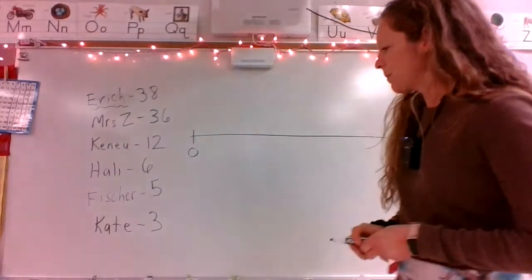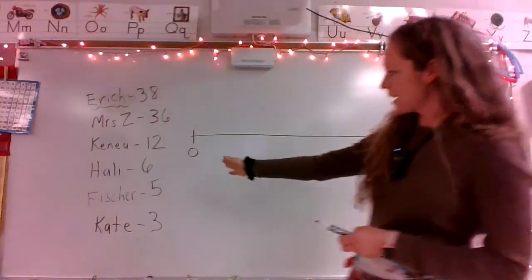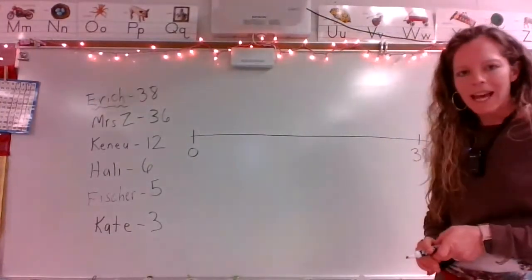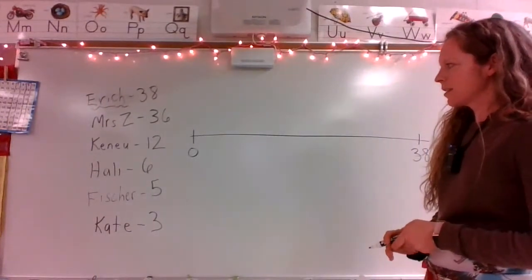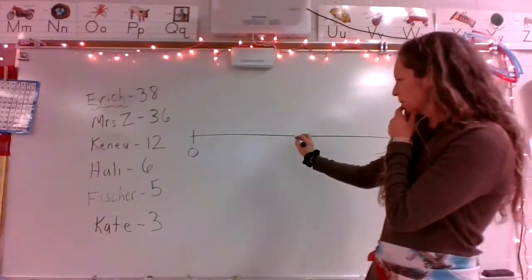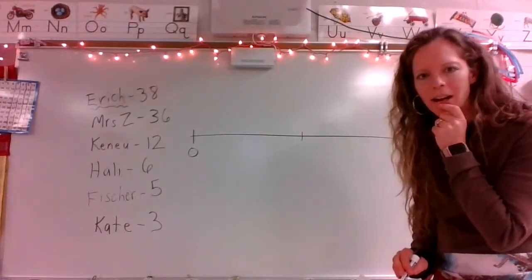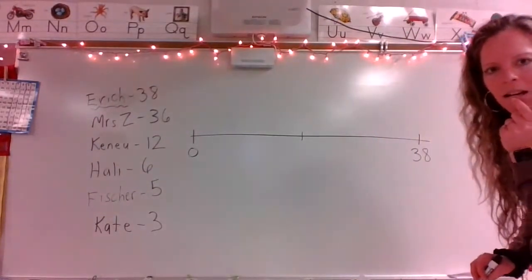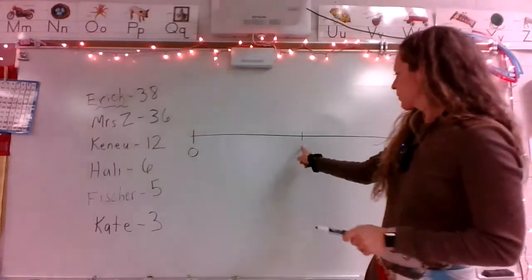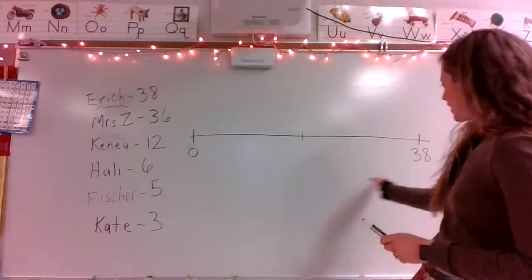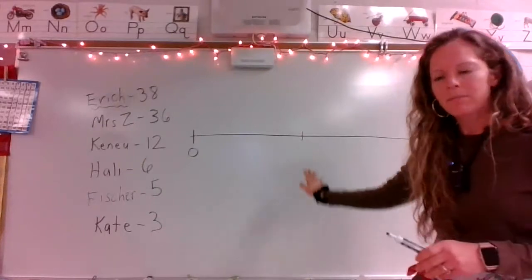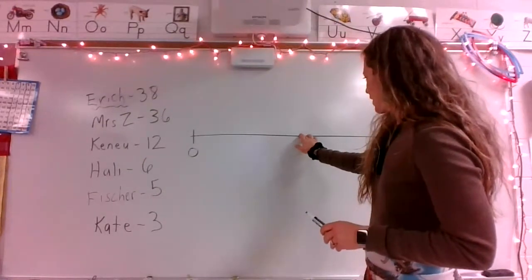For example, if my scale is from 0 to 38, I'm not going to put my youngest daughter there in the middle, am I? No, because she's only 3. So in the middle would be more around 17 or so.